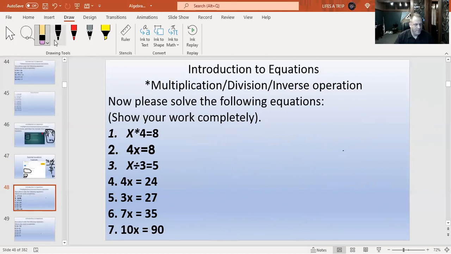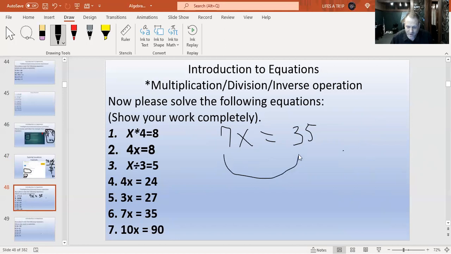All right, let's go to number 6. 7x equals 35. All right, guys. Before we do this, let's do some quick math. 7 into 35 is 5. Quick math. But we also need to show our work.